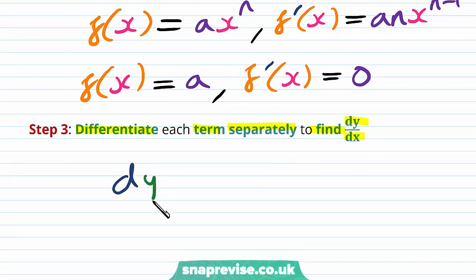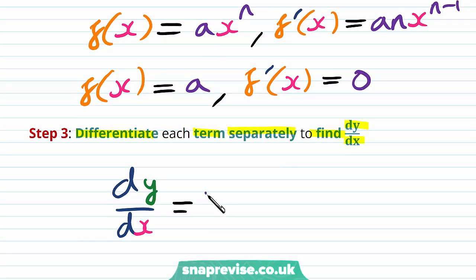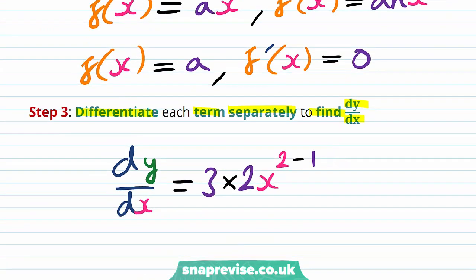And so we get that dy by dx is going to be equal to, for the first term, our a, which is 3, multiplied by a value of n, which is 2, multiplied by x to the power of 2 minus 1. And then for our next term we have a minus 2x, which is a minus 2 multiplied by the power, which is just 1, because we have an x.